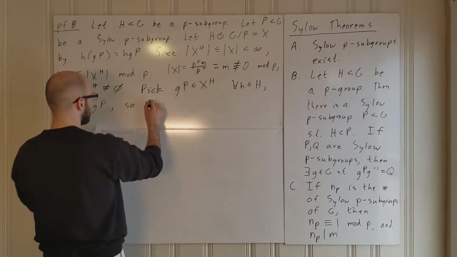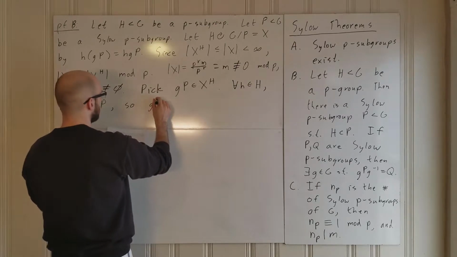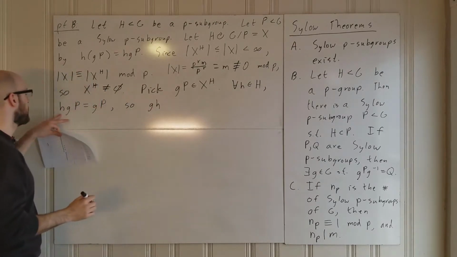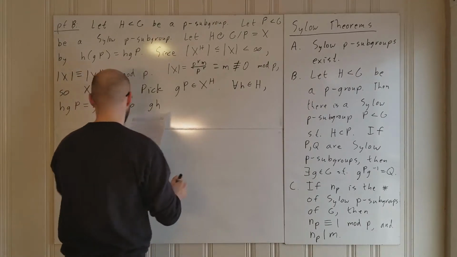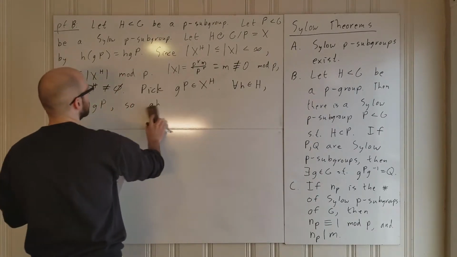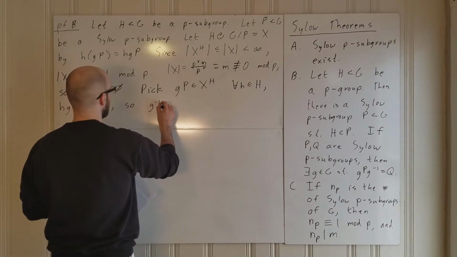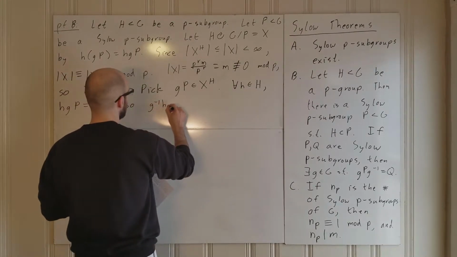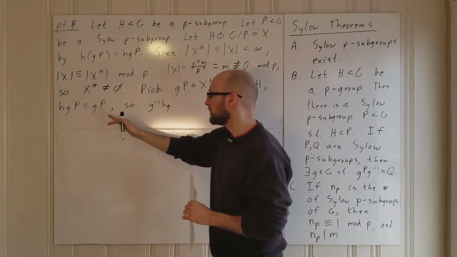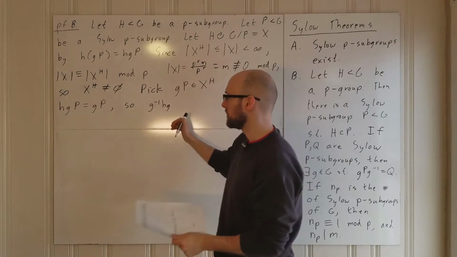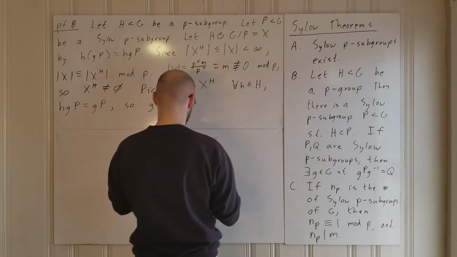And so, let's see here. Since hgp equals gp, we know that, technically, this would be g inverse hgp, so this implies that g inverse hgp is equal to p, or in other words, g inverse hg is in p.